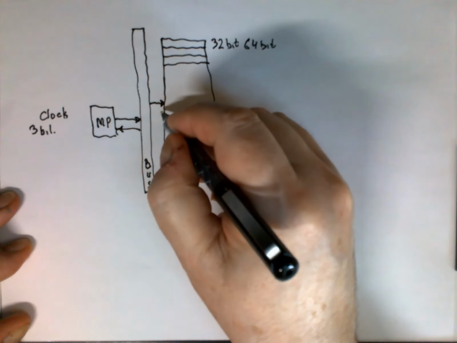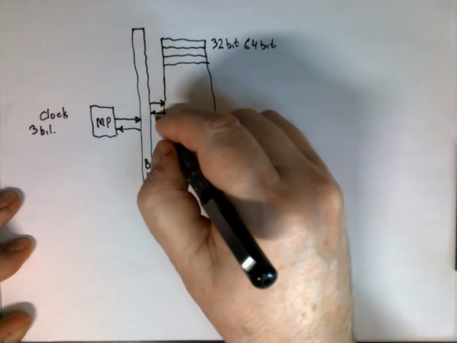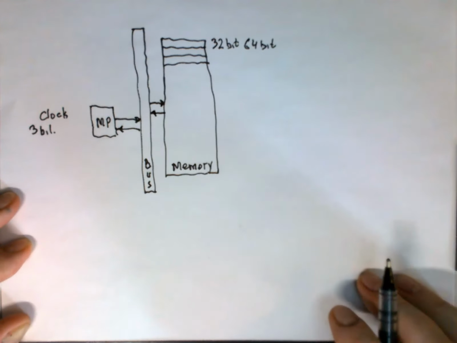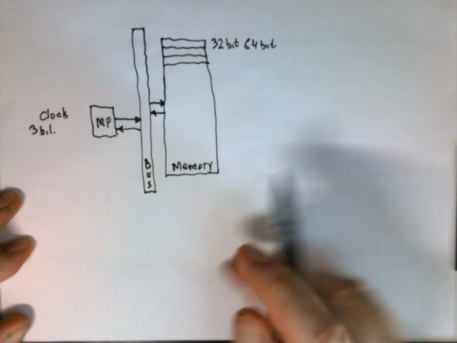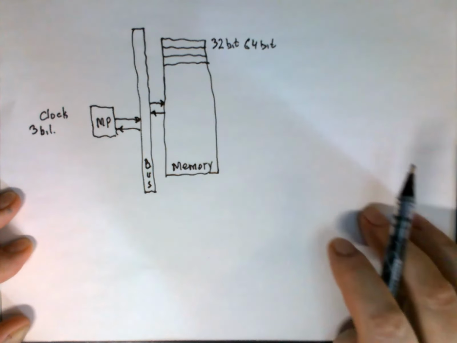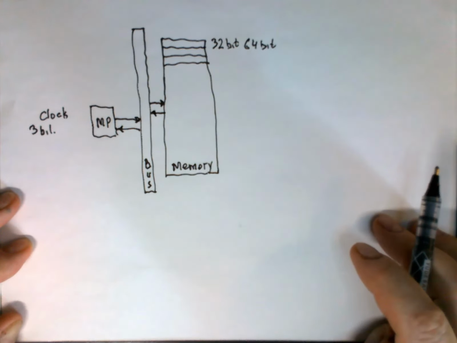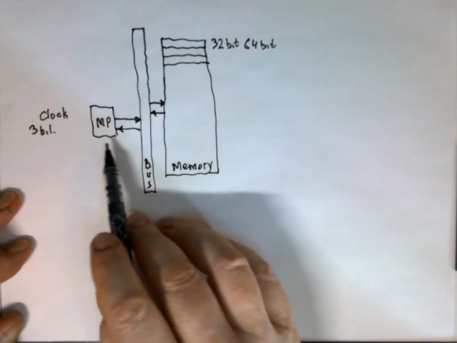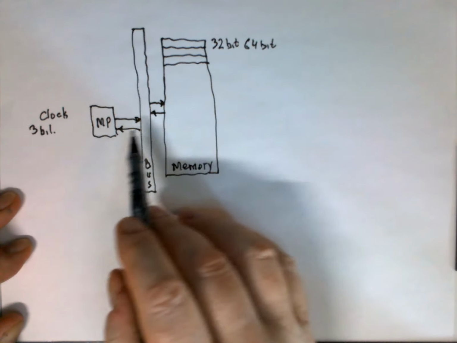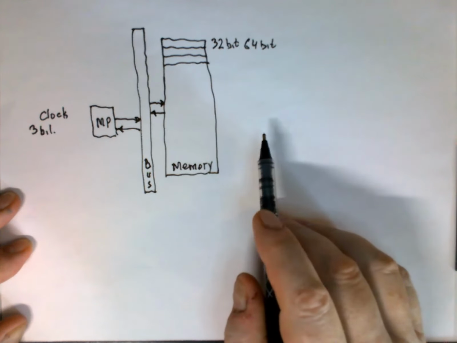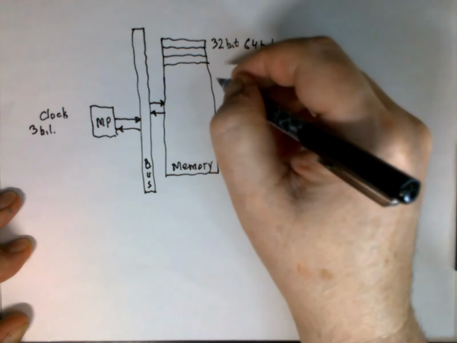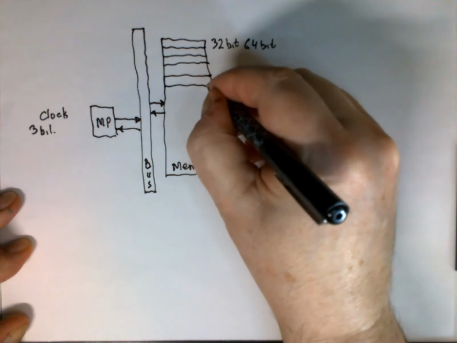And memory says yes, and then gives information, and the bus sends information to the microprocessor. So this shuttle-like exchange of information is reliable and can be synchronously sent between bus and microprocessor, and between bus and memory.